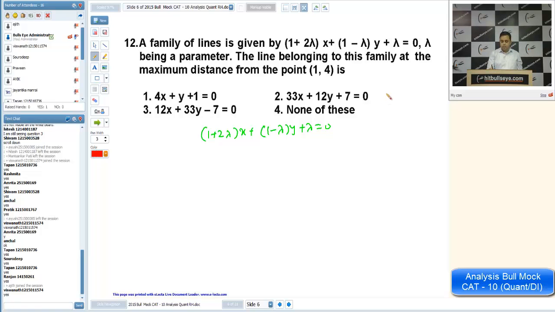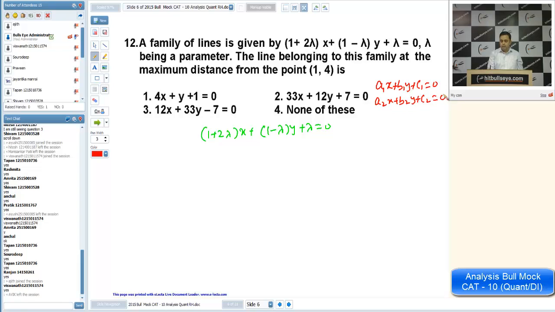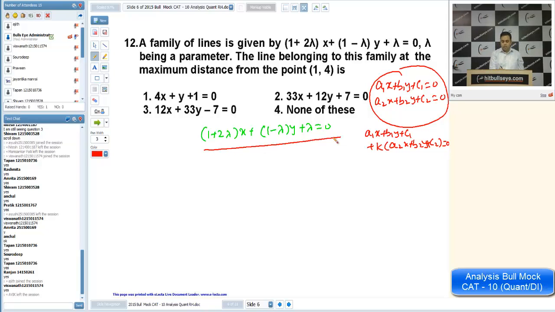Whenever we have two lines, one line is a1x plus b1y plus c1 equal to 0, and the second is a2x plus b2y plus c2 equal to 0, then any line which passes through the intersection of these two lines is always given by a1x plus b1y plus c1 plus k times (a2x plus b2y plus c2) equal to 0. Now this is already given here, the family of lines. So we will find the two lines which are in this form.